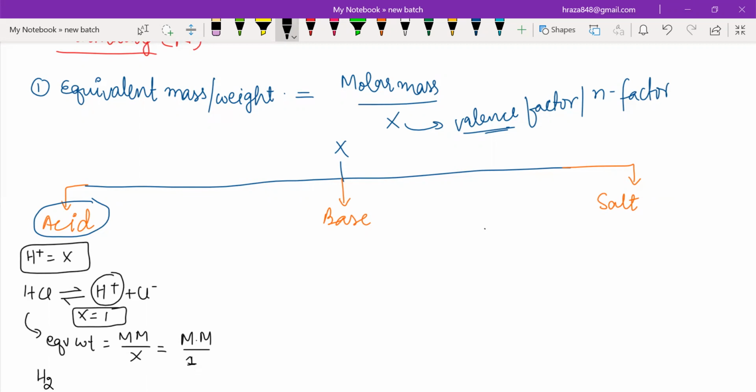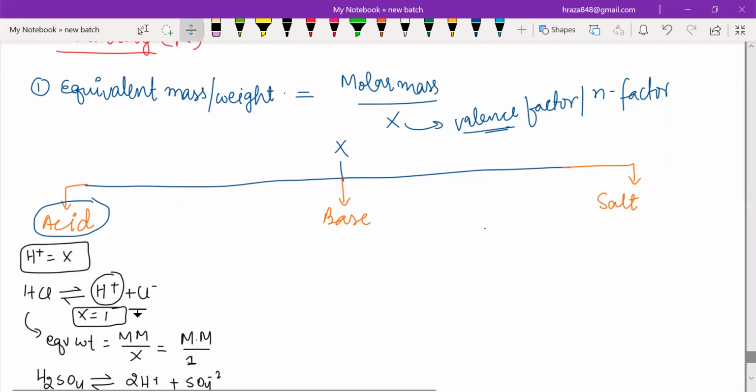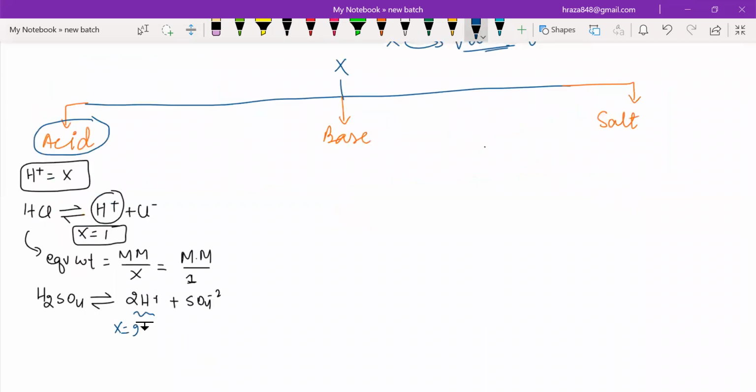Can you tell me how many H plus H2SO4 can give? H2 and then SO4, 2 minus. How many H plus? Two, sir.